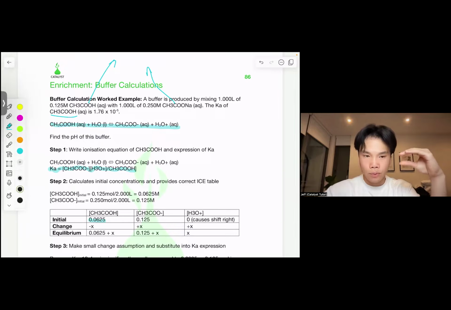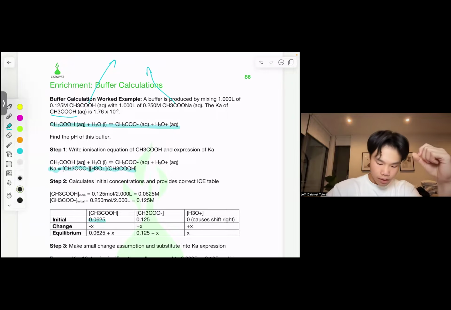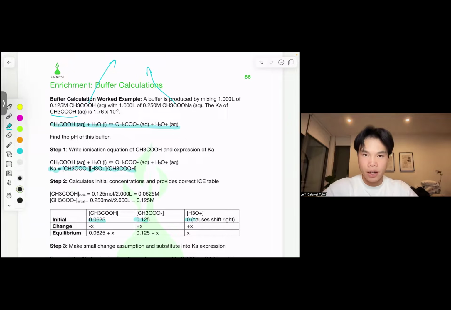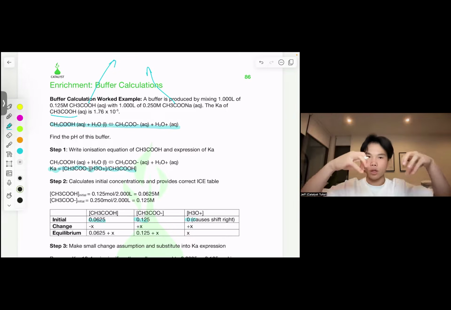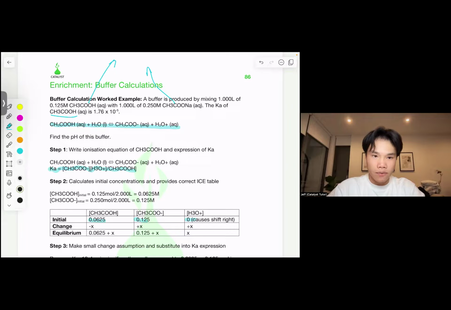That's your initial. Your acid and base before anything dissociates. So they're your acetic acid and acetate before anything's changed. And your hydronium concentration will be 0 because you're assuming that nothing has dissociated yet. You've just added in these exact concentrations of acetic acid and acetate together.